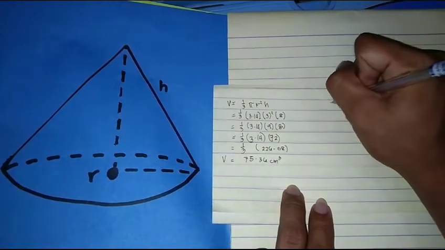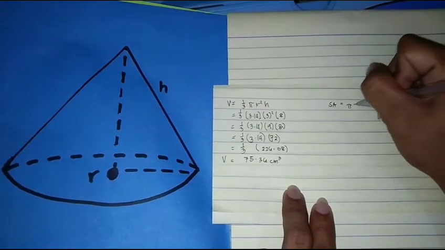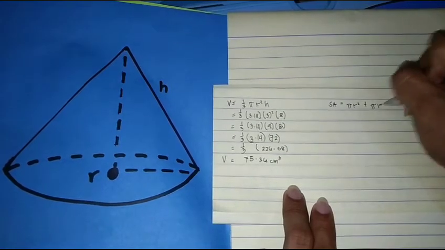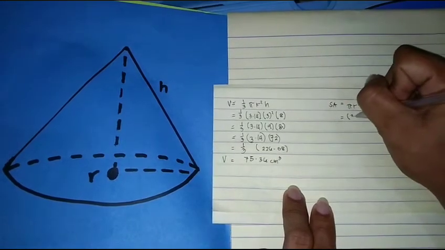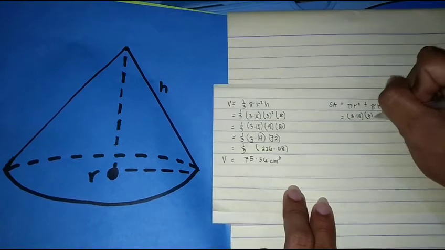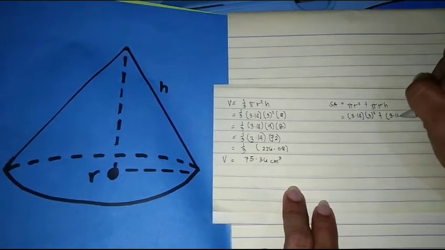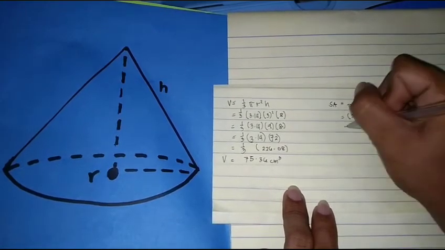And also, to get its surface area, using the same values, we need to follow the formula SA equals pi multiplied by radius squared plus pi multiplied by radius and height. The value of pi is 3.14, then the radius of 3 squared, plus pi 3.14, the radius of 3 and the height of 8.